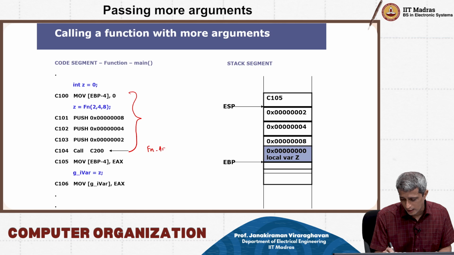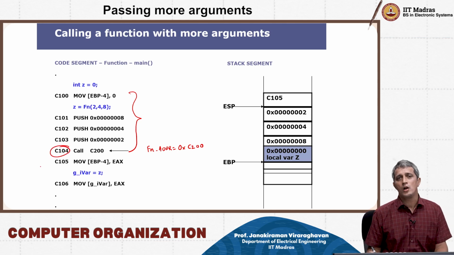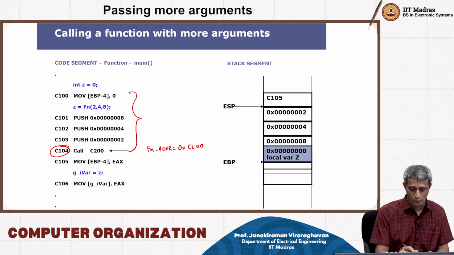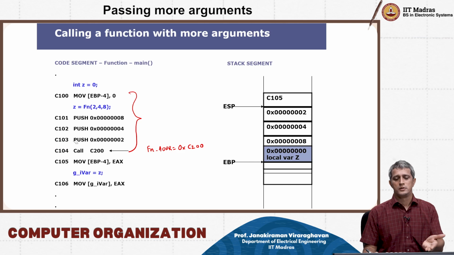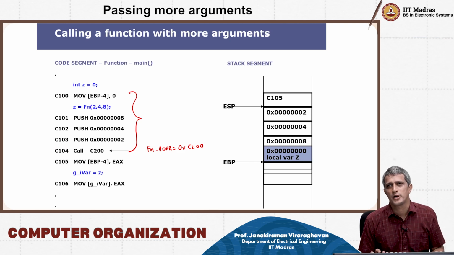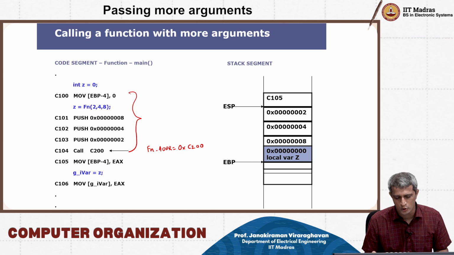The fn address again is 0xC200. Note that earlier the call was residing at address C103, but now it is C104 because we are now pushing this extra parameter, and therefore that address is obviously going to change.